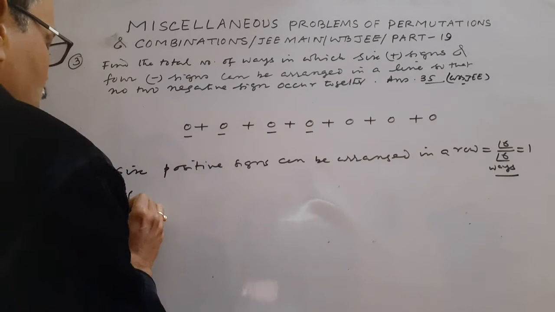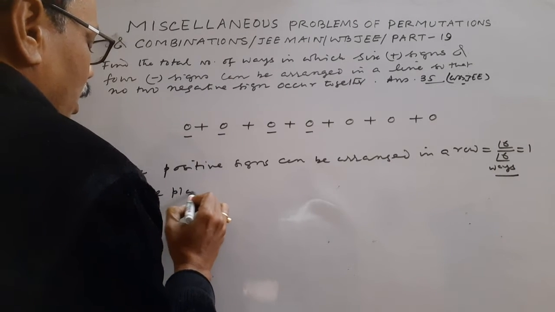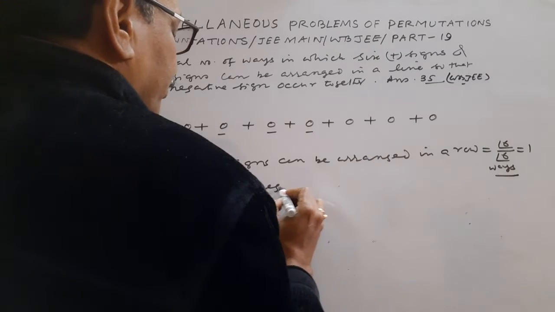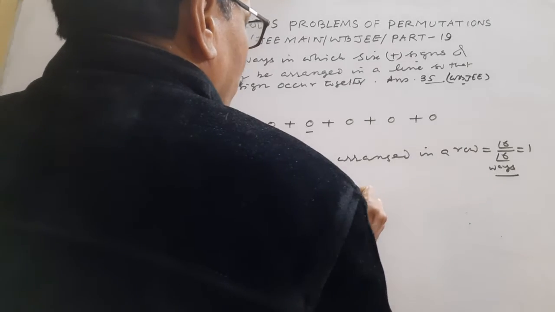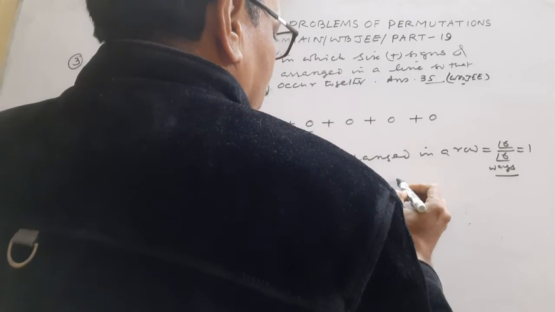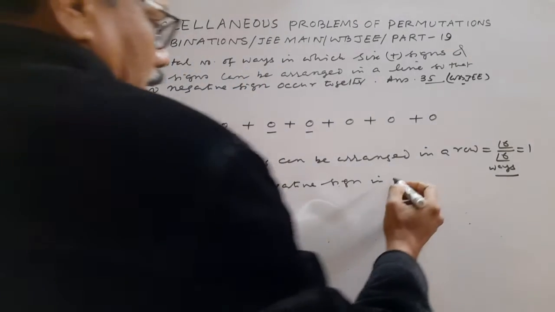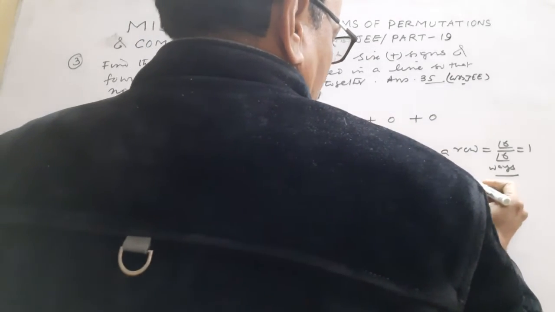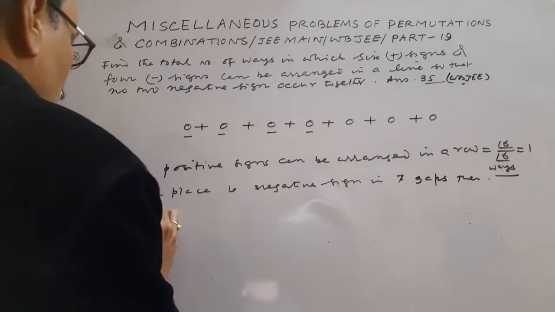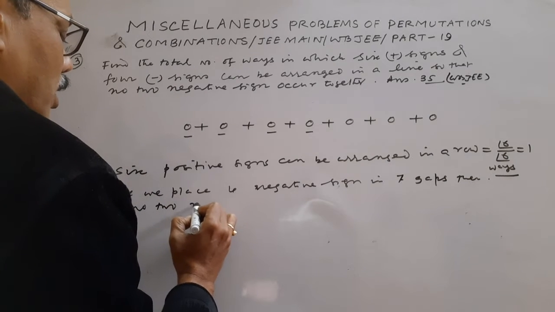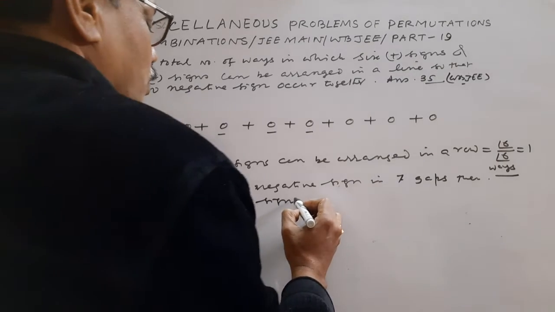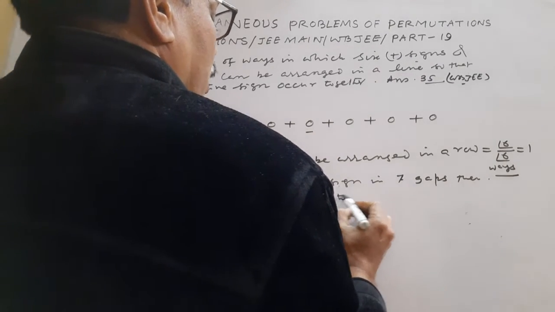So if we place 4 negative signs in 7 gaps, then no two negative signs are together.